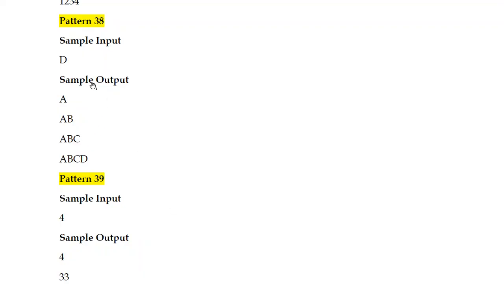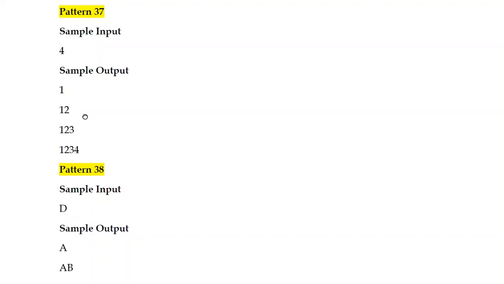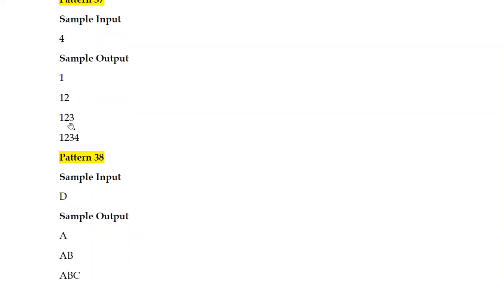For the sample input capital D, you print A; A B; A B C; A B C D. You should be clear about the outer loop first. What is that? The i variable. If my sample input is capital D, you are printing 4 times. Line number one means one, line number two means one, two, so the number of rows is decided. This is the first row, second row, third row.